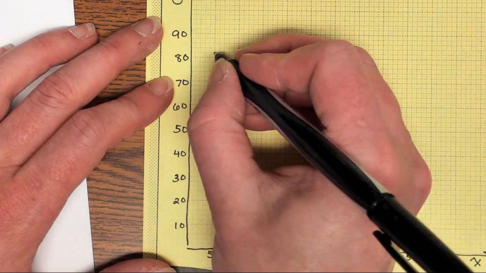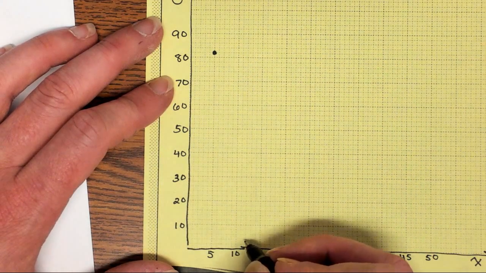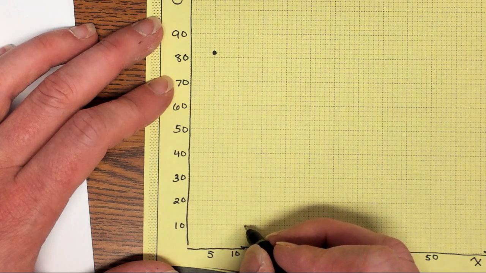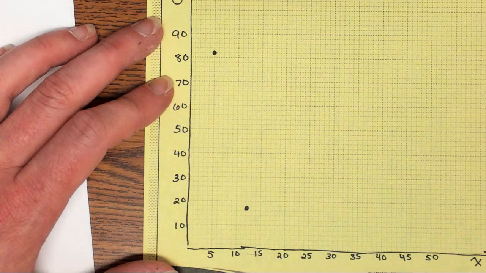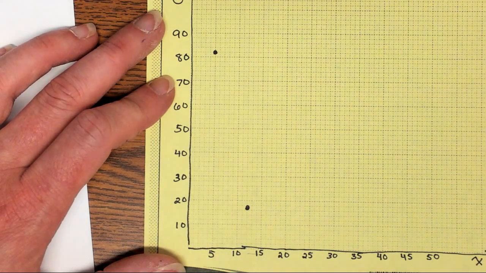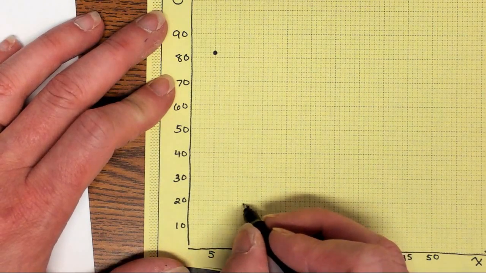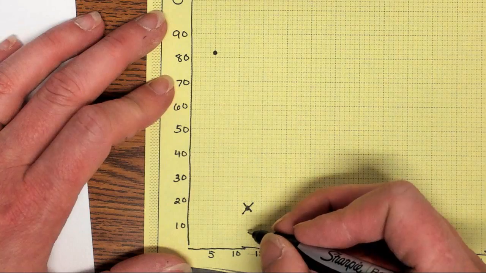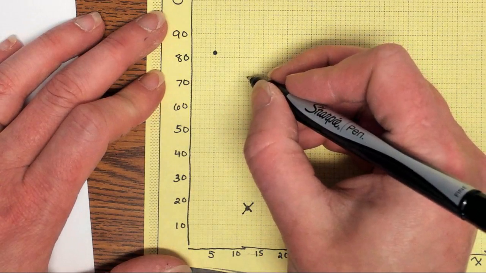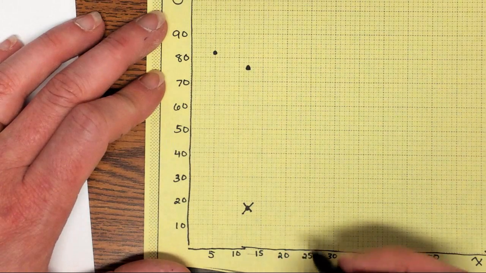So 82 would be here. 12, 76. What am I looking at? Okay, so I made a mistake. I marked it out. They know I made a mistake there. 12, 76. What was I thinking? 70, 72, 74, 76. That makes more sense.